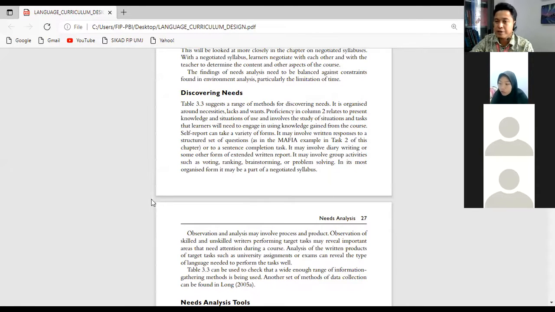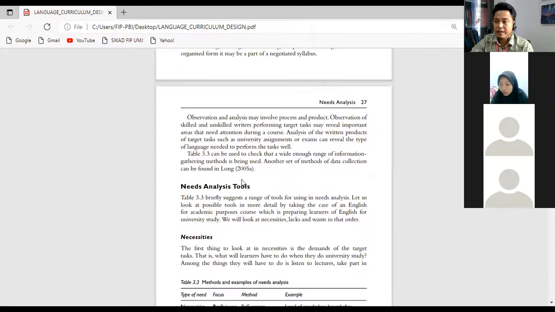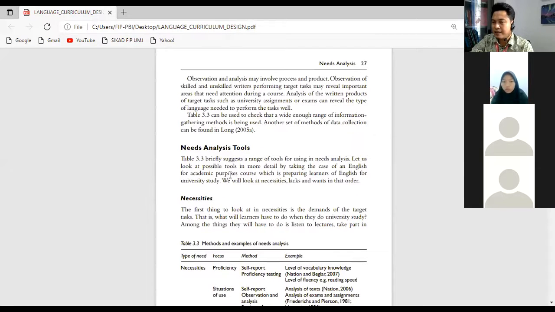That will be how we are going to discover the needs in designing a language curriculum. And the next one, the need analysis tools, is also similar to the instruments, since it is about the tools that we can use to do a need analysis.